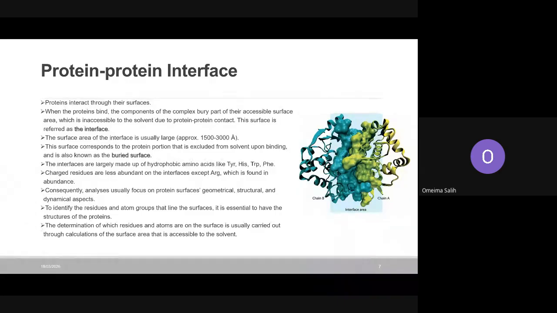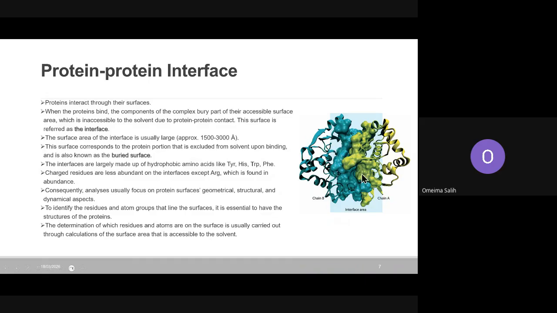where these proteins are found within the cell. So the interface is usually composed of hydrophobic amino acids like tyrosine, histidine, tryptophan, or phenylalanine. And also there are charged residues. They are less abundant except for arginine. It's also found within these interfaces.